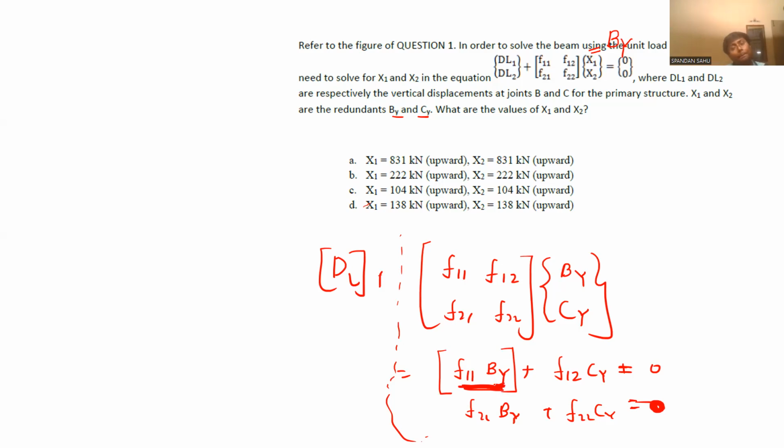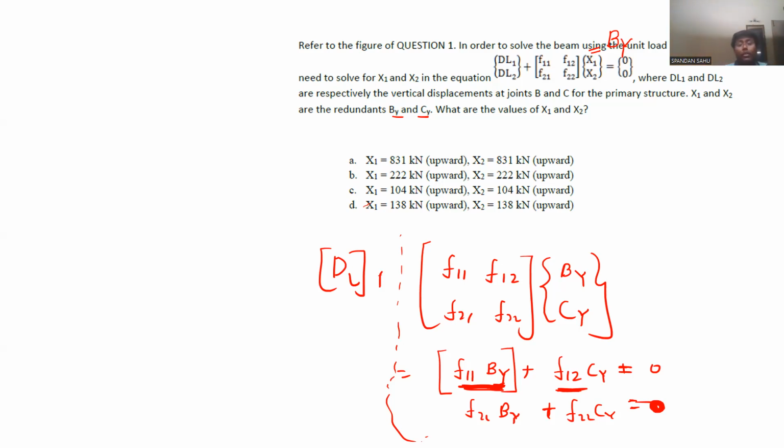Now come to F12. Displacement at 1 due to unit load at 2. You applied a unit load at point C. Due to that unit load at point C, there will be some displacement at point B also.